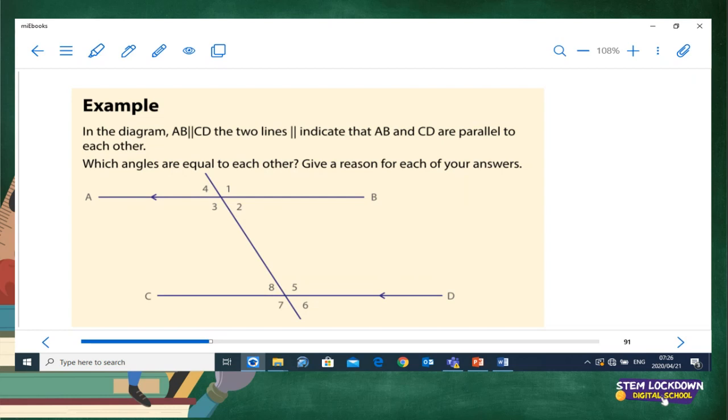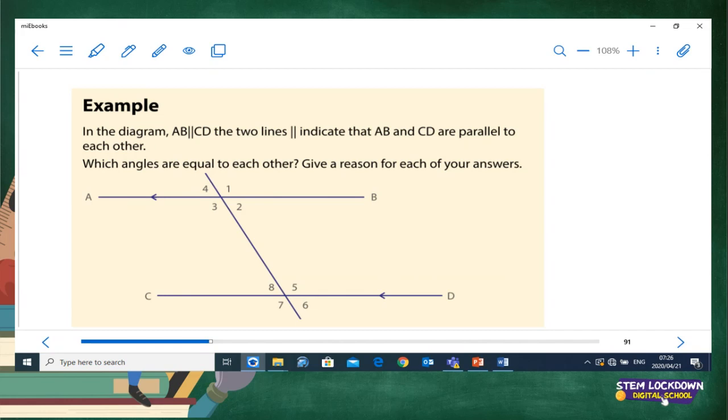If you look at angle 6 and angle 8, those are also vertically opposite angles. So in other words, you've got about 4 pairs there. The first 2 pairs at the top there and the last 2.